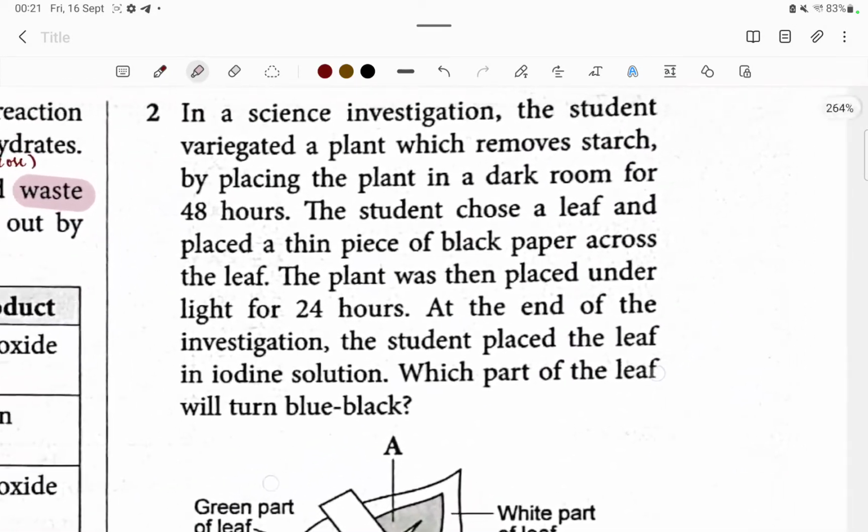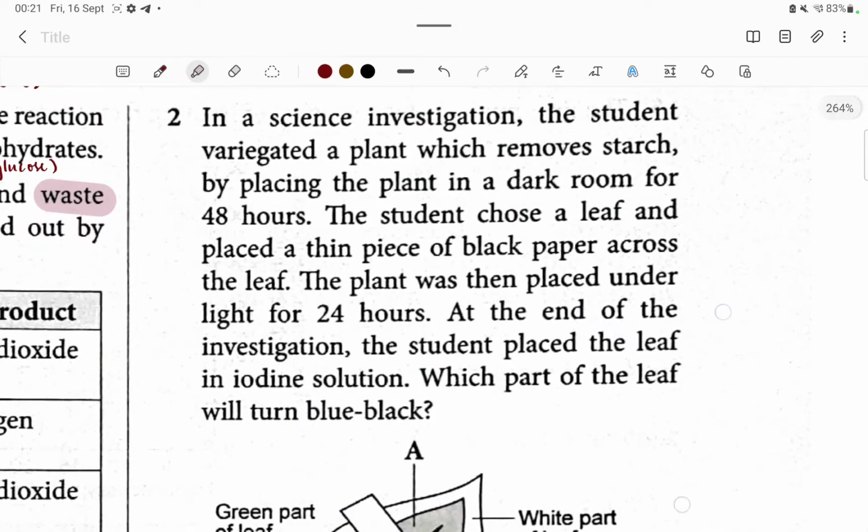And then after that, number 2. In a science investigation, the student variegated a plant which removed starch by placing the plants in a dark room for 48 hours. This one they remove starch first. The student chose a leaf and placed a thin piece of black paper across the leaf.